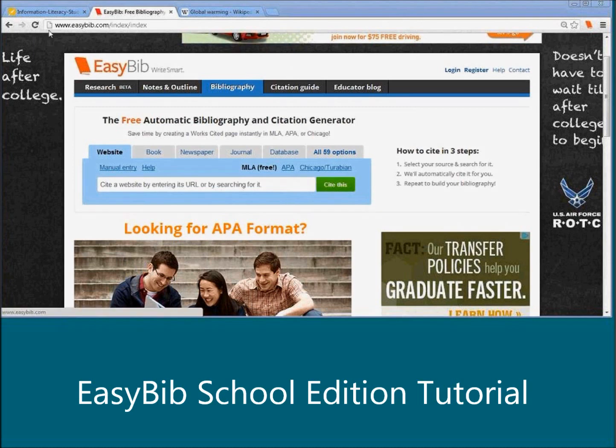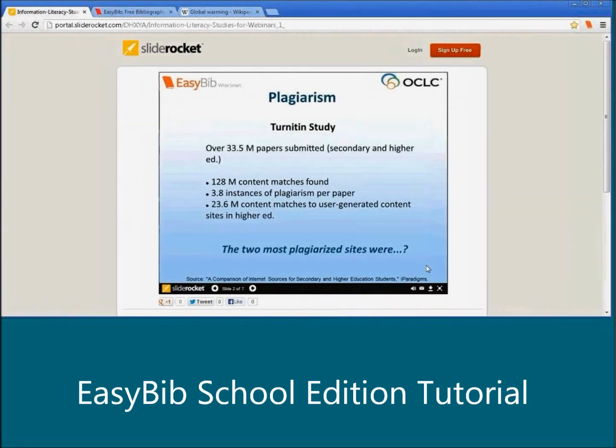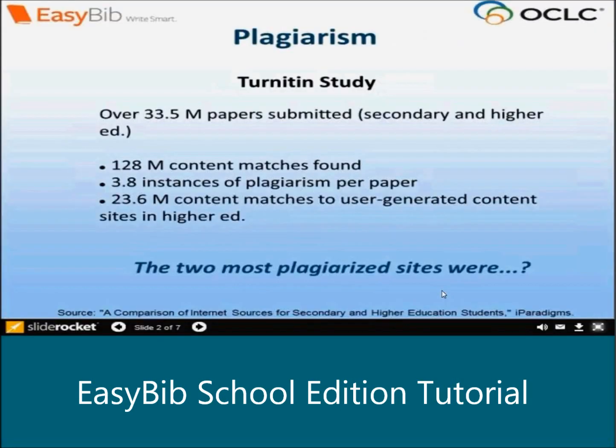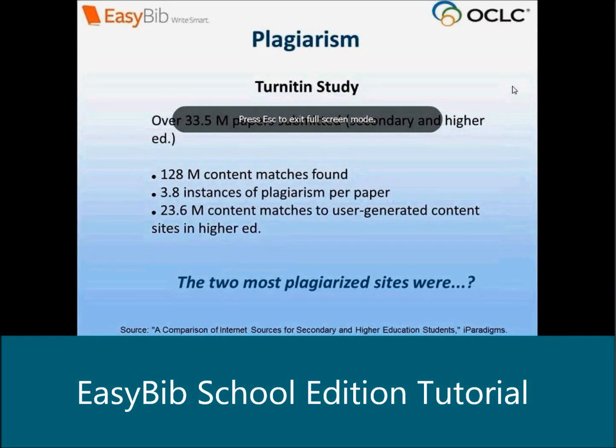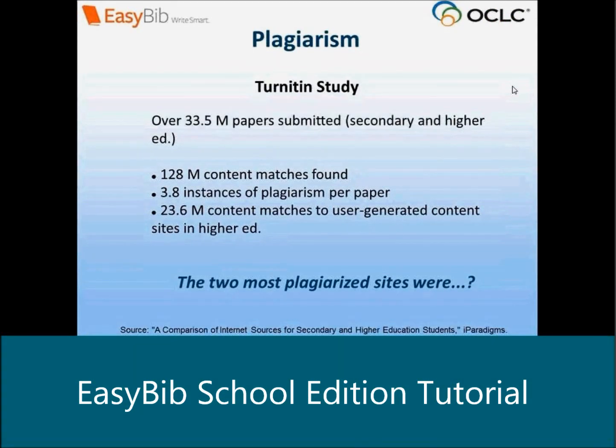Now, I'm going to switch to some slides here. And you should see some Turnitin statistics on your screen. Now, Turnitin, as you're probably familiar with, is a very powerful reactive plagiarism tool. And last year, they scanned over 33.5 million papers.